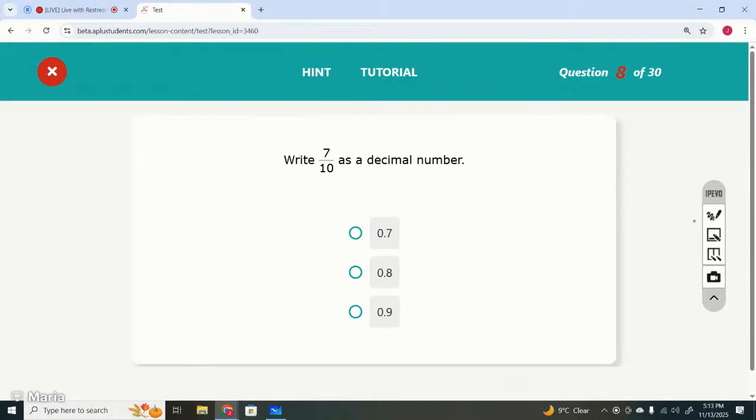That is 0.7. Option number 1 is the correct option.